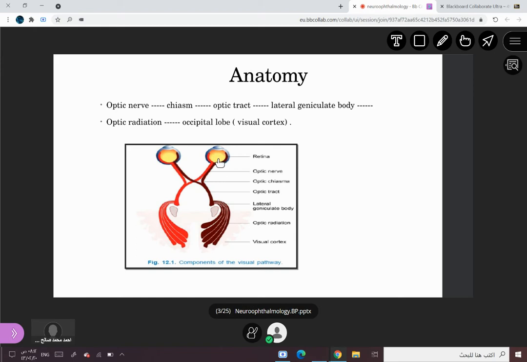These fibers will constitute the optic nerve. These nasal retinal fiber and temporal retinal fiber will go through the optic nerve, and when it reaches the optic chiasm, it will decussate.